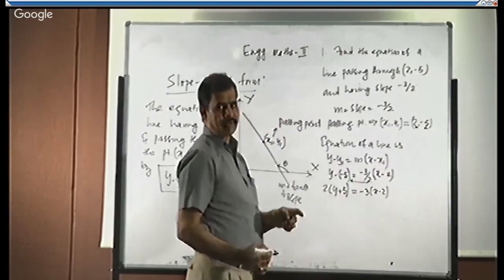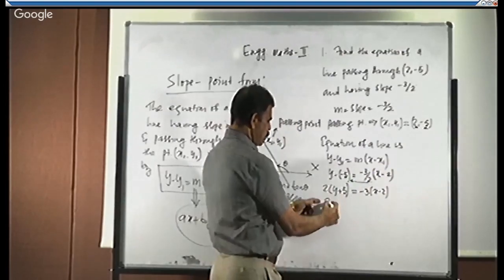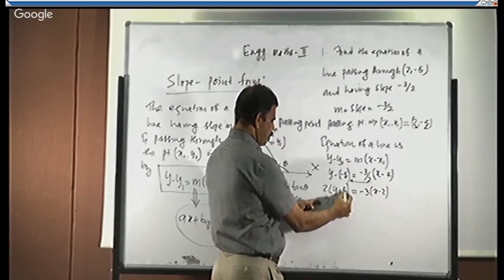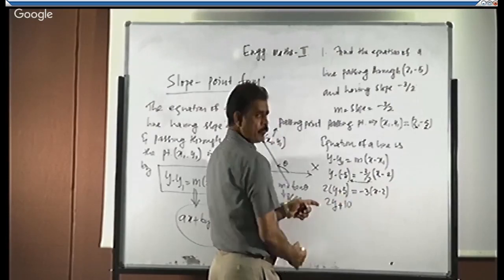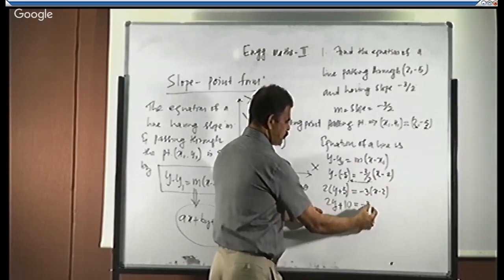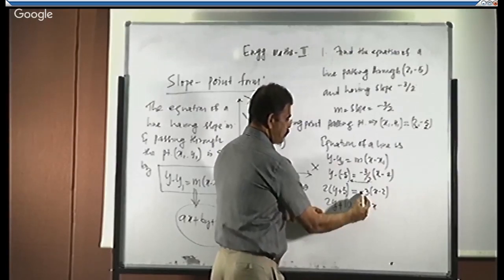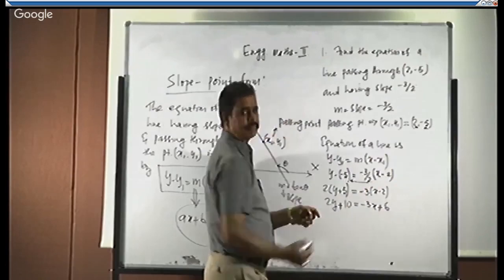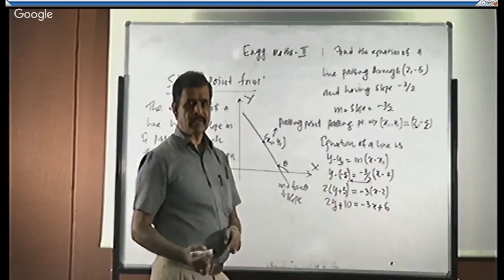Remove the brackets. 2 into y, it is 2y, plus into plus, plus 5 into 2, 10. That is equal to minus 3 into x, minus 3x, minus 3 into minus 2, minus into minus, plus 3 into 2 is 6. Just write in the standard form.